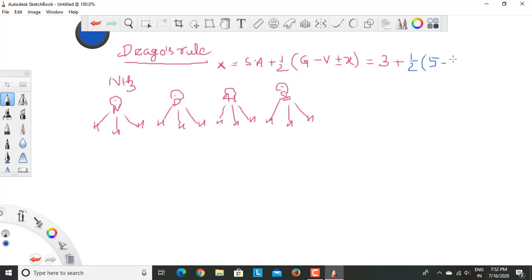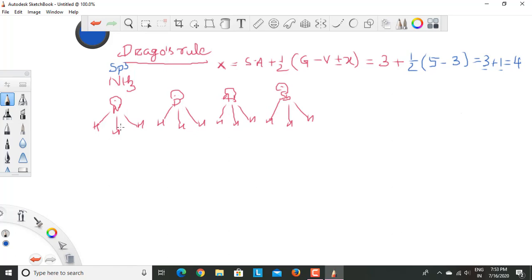So it's coming 3 plus 5 minus 3, 2 by 2, 1 equals 4. So it has 3 bond pairs and 1 lone pair, steric number 4. And what should be the hybridization? Hybridization of ammonia is sp3. So ammonia hybridization is sp3.